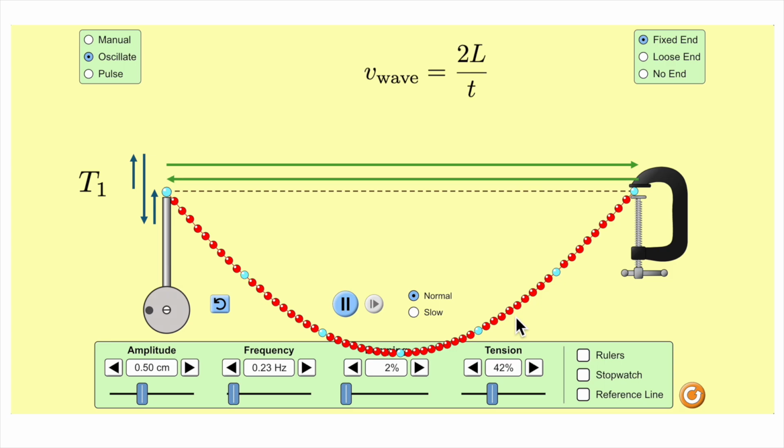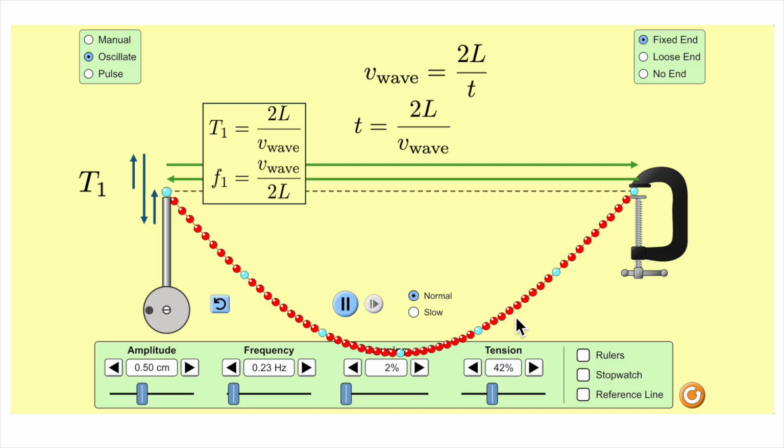The time it takes for the wave to travel there and back can be calculated by taking the formula for the wave speed, which is the distance traveled over the time taken, and rearranging the equation to solve for the time. For the oscillator to reinforce the wave and make a standing wave, the period of the oscillator must equal the time for the wave to travel the length of the string and back again.